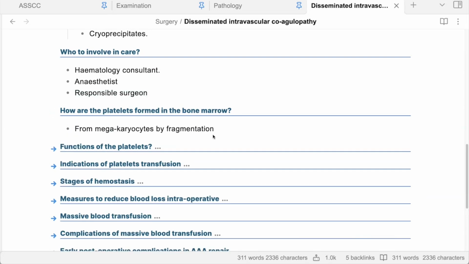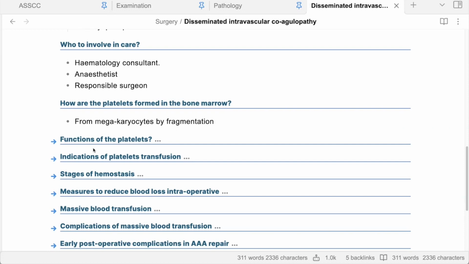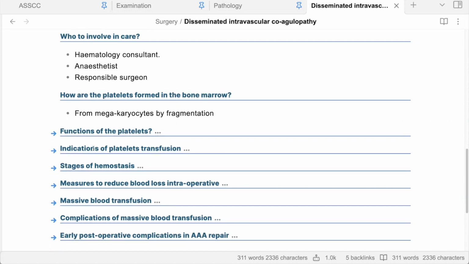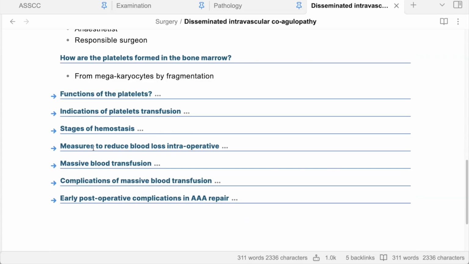What are the functions of the platelet? Platelets' primary function is formation of a temporary hemostatic plug in cases of microvascular injury. Secondary function, they have various growth factors in them.